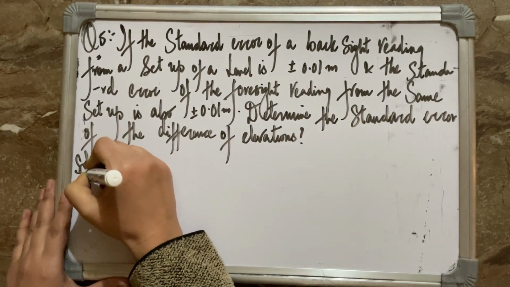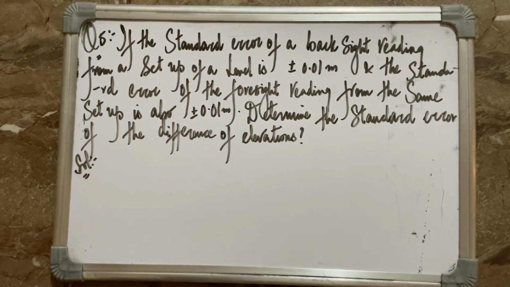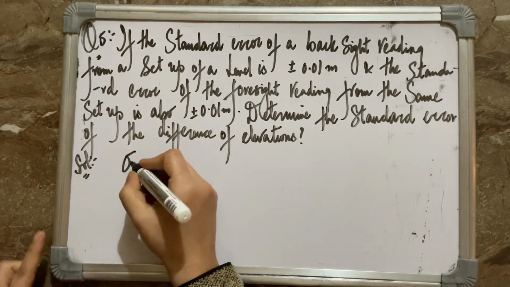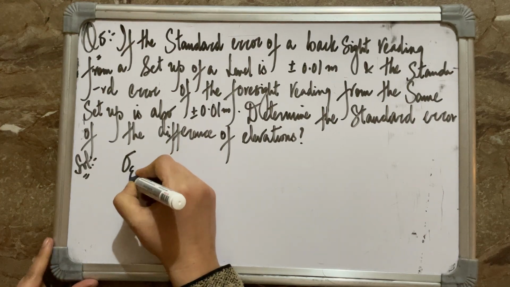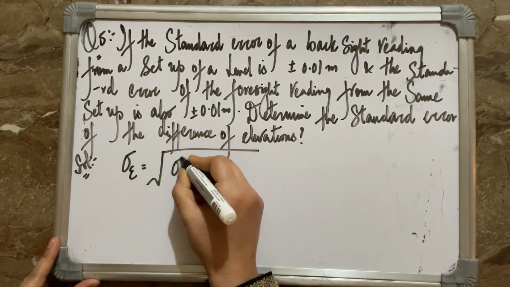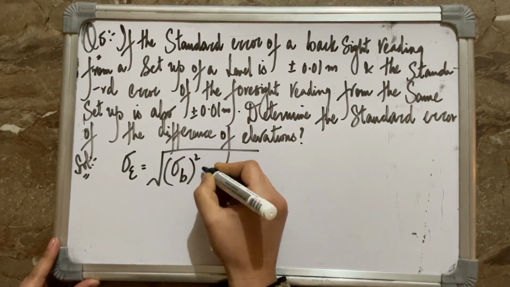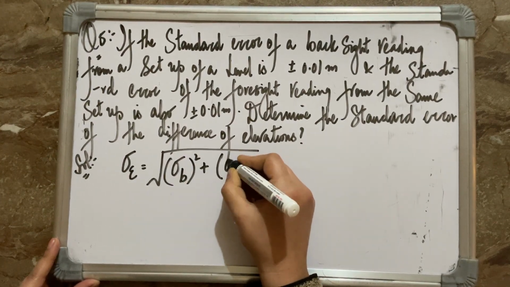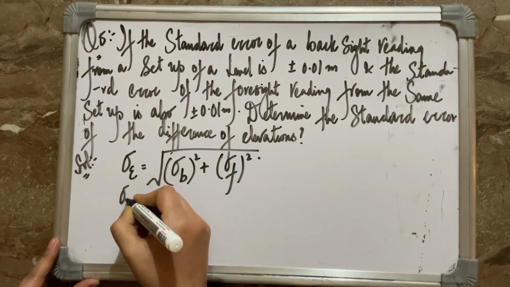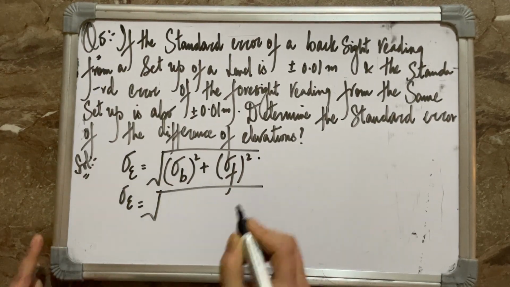Since we know that in case of either subtraction or addition, my general formula is the same, the standard error for the difference of elevations will be under root of summation of square of the standard error in backside plus foresight.